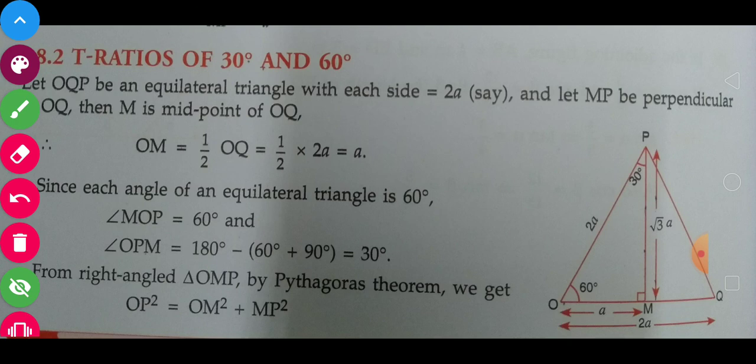Therefore, suppose I say each side is equal to 2a, so PO is 2a, OQ is 2a, the last side PQ is also 2a. So if I draw this PM perpendicular, or median, at midpoint M, this entire side was 2a. Since M is the midpoint, this half side also becomes A.